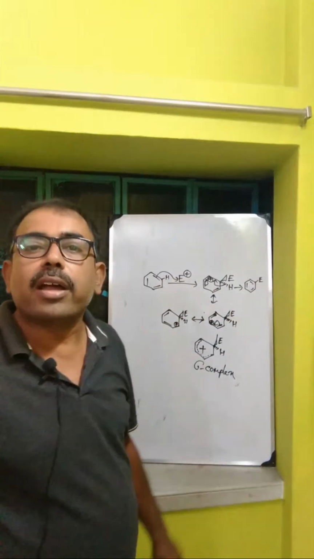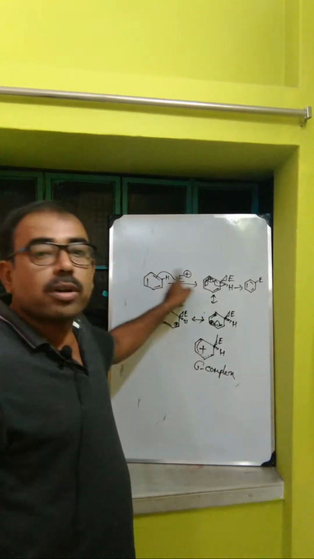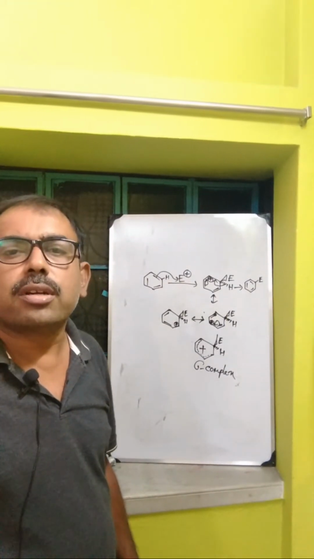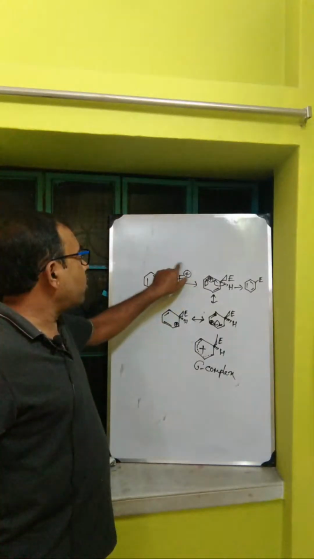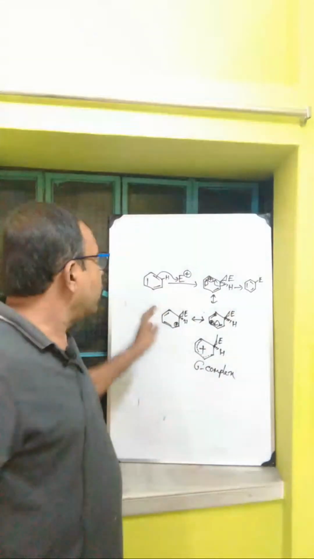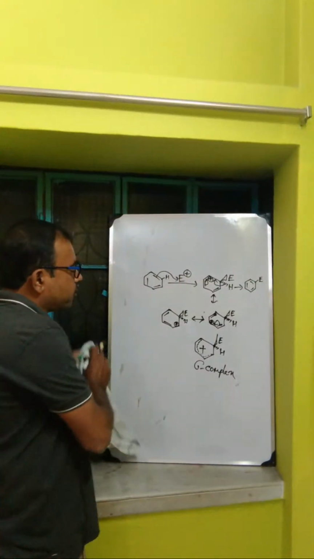So the electrophile actually replaces the hydrogen atom. That is why this reaction is called electrophilic substitution reaction of benzene. The overall reaction mechanism is the same. Now here are some examples of electrophilic substitution reactions.